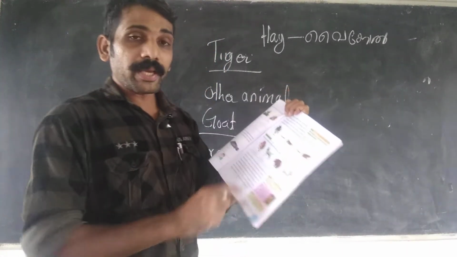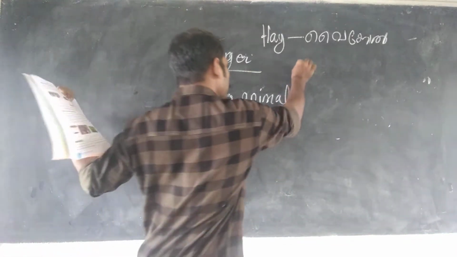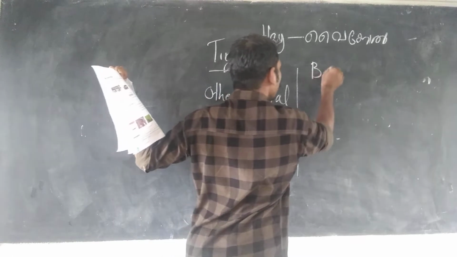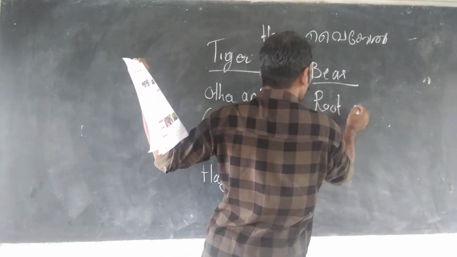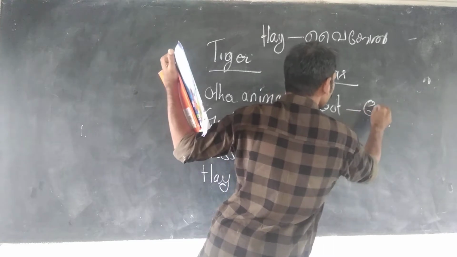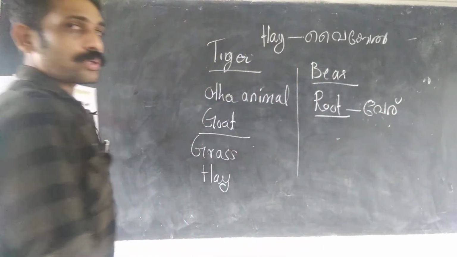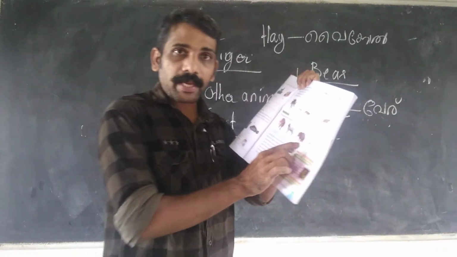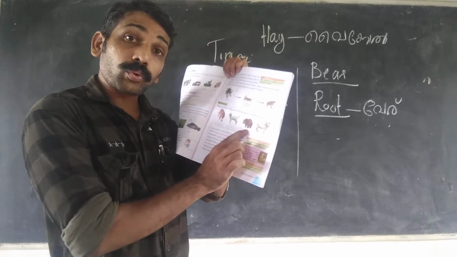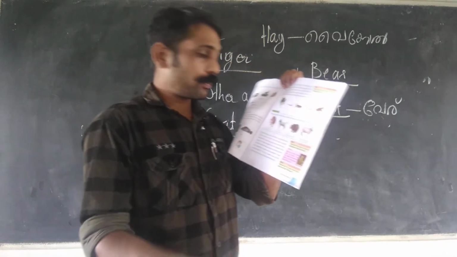Next is the bear. The bear eats roots. Root or grass, anything you can write. Root means the part of the plant under the soil. Below the picture of the bear you write roots, root, or grass, no problem.